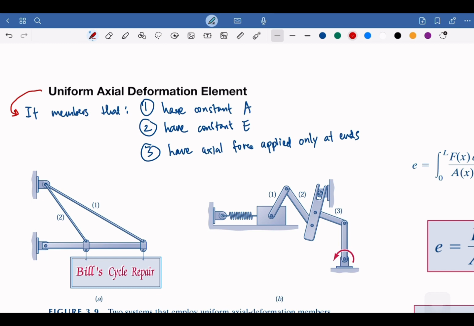Now, if we see the figure, first we have a hanger, and then we have links, numbered links 1, 2, 3 on the right side. They are both, I think, uniform axial deformation elements.